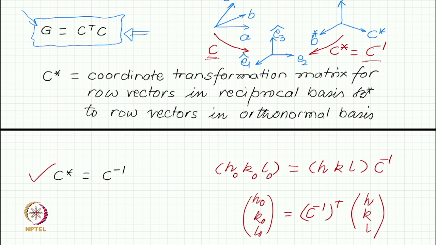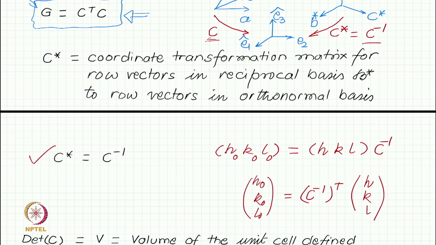So, whenever you come up with a new paper or a new textbook or a new document on crystallography or this kind of transformation, you should make sure what the convention is. If the convention is to write the reciprocal vector also as columns, then one transposition comes. So, it is a question of choice.